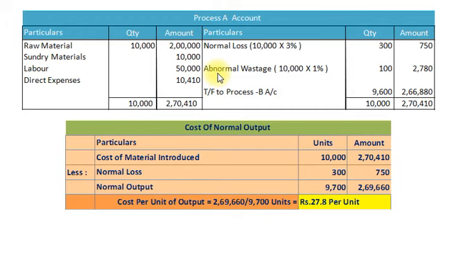It means 4% is more than normal loss by 1%. So this 1% will be treated as our abnormal wastage. So abnormal wastage 1% of 10,000 units, that is 100. And finally output of process A transferred to process B would be 9,600 units, that is 10,000 minus 300 minus 100.